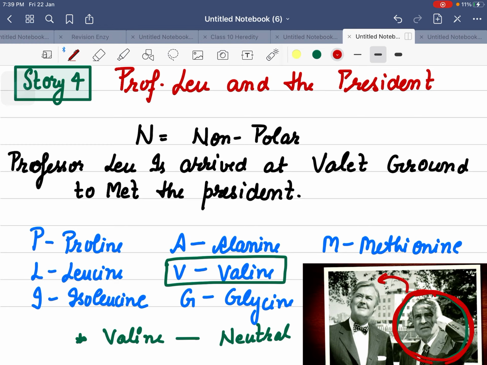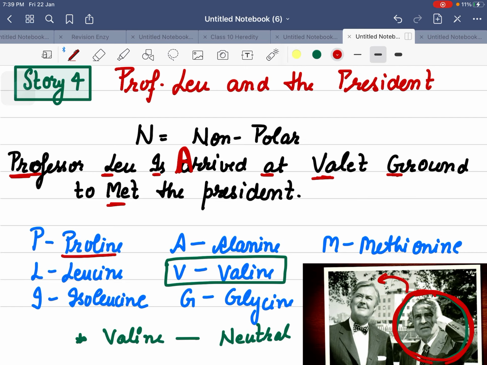So you have to remember this. Professor Liu arrived at valley ground, we will not consider ground, to meet the president.